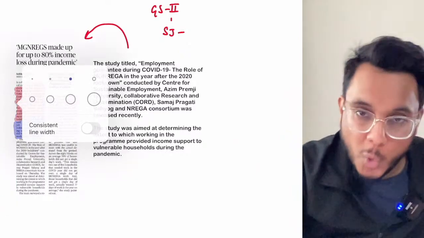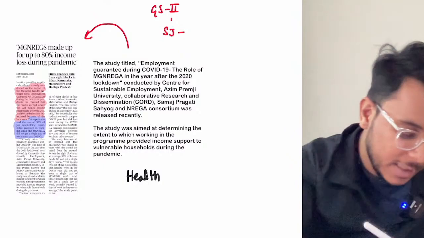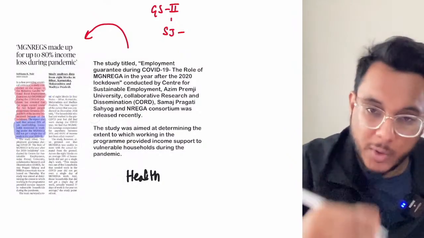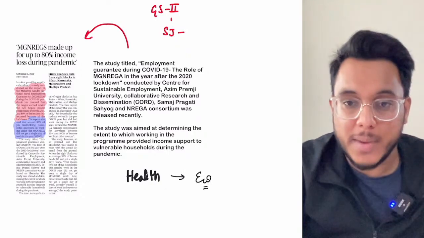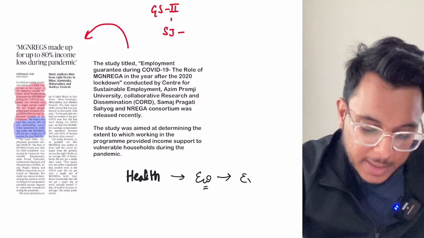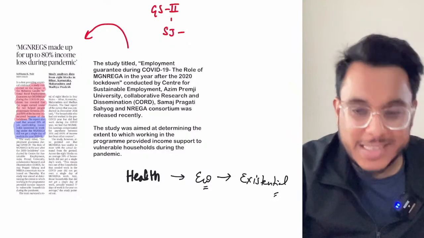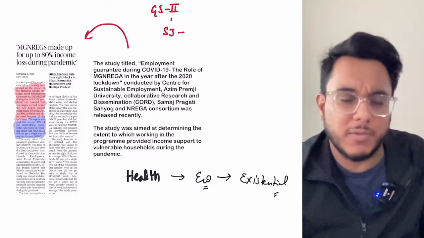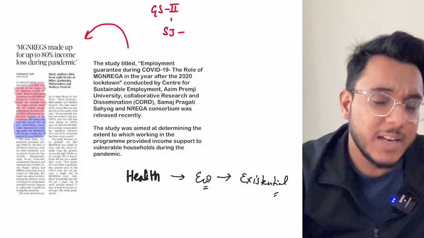Actually, one more additional point I want to give you here. See this thing, the COVID-19 pandemic started as a health crisis. Then it got converted into an economic crisis when the lockdown was announced, and finally it culminated in an existential crisis. Why existential crisis? Because, guys, initially it was thought that after a few days of lockdown, or a few days of stringent controls, COVID-19 would come under control.